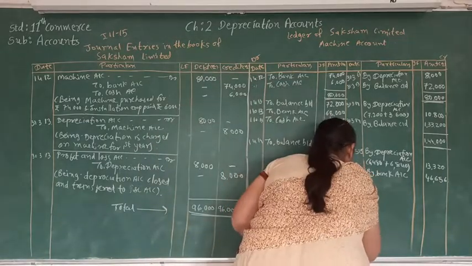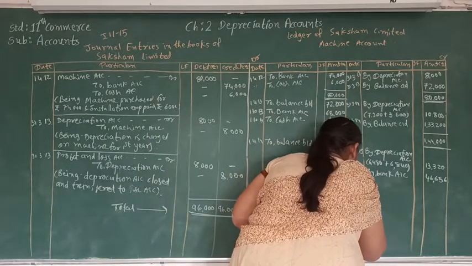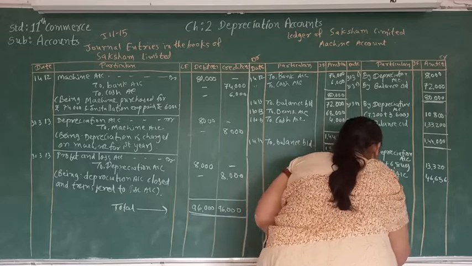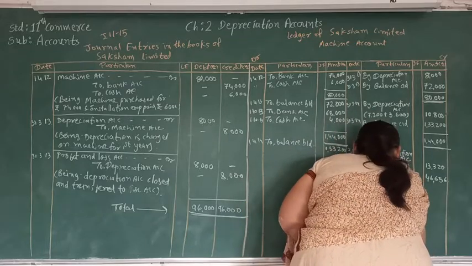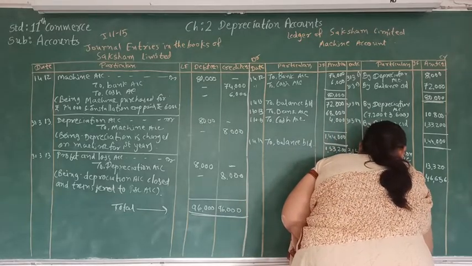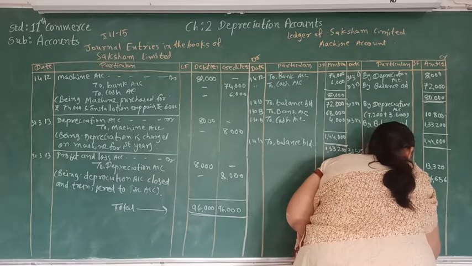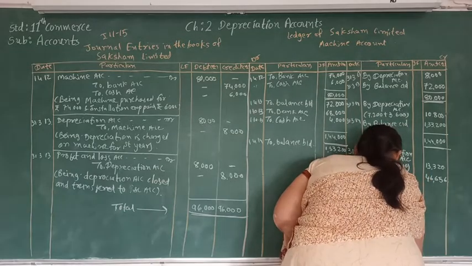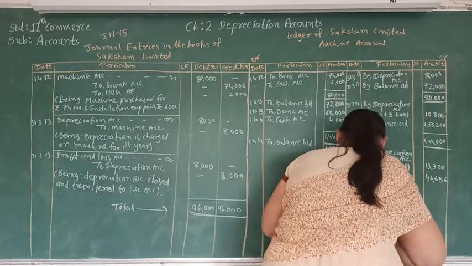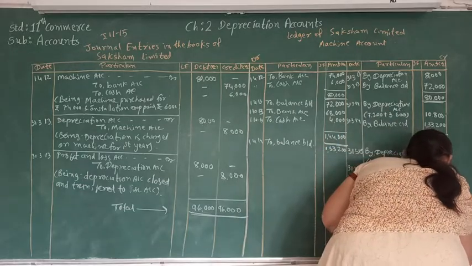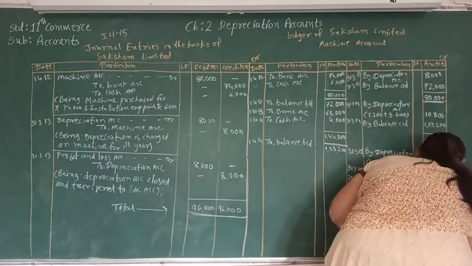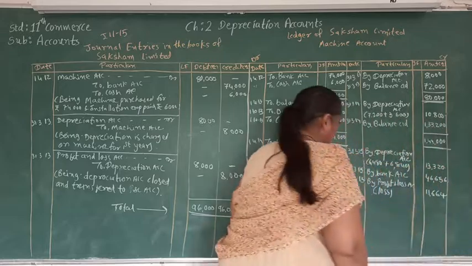So on the same day, 31/3/15, by profit and loss account, here it is a loss, 11,664. So this is the loss.